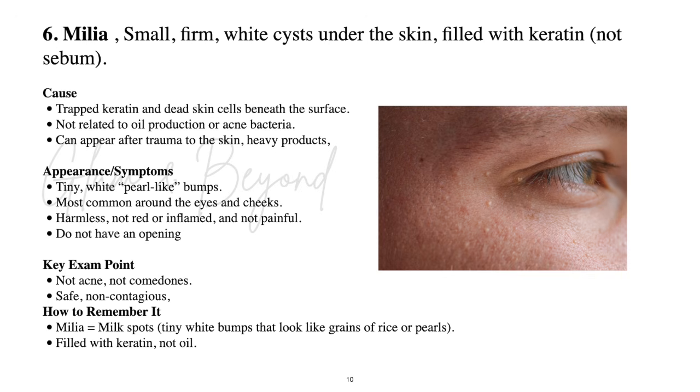Can appear after trauma to the skin or because of the use of heavy, thick products. Appearance, symptoms: tiny white pearl-like bumps under the skin, most commonly around the eyes and cheeks. Milia is harmless, not red or inflamed, and also not painful.